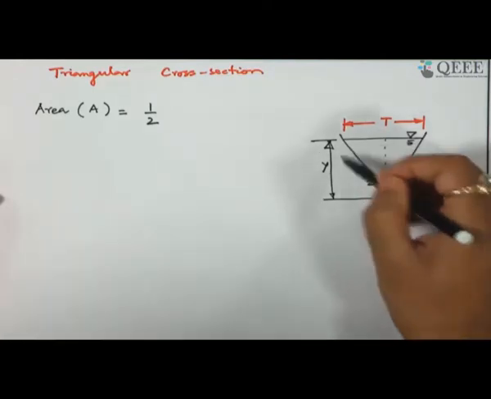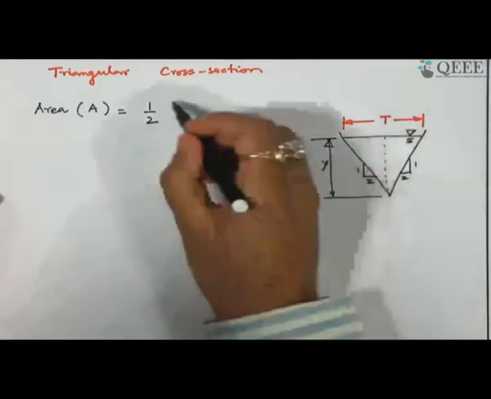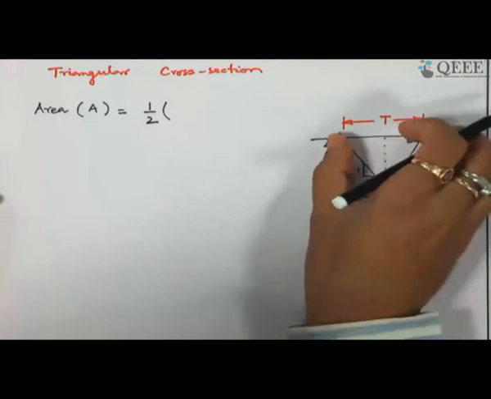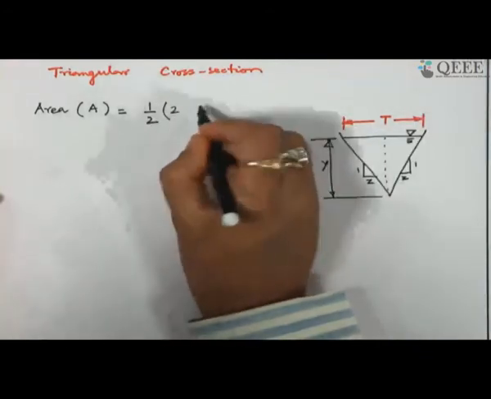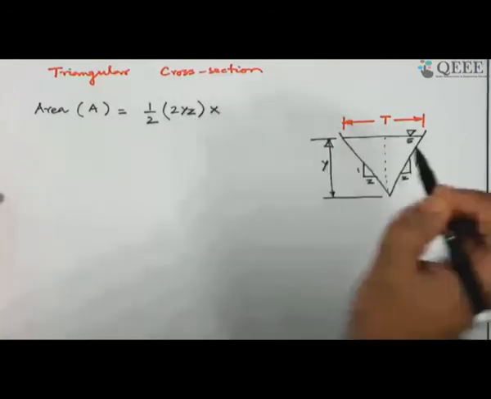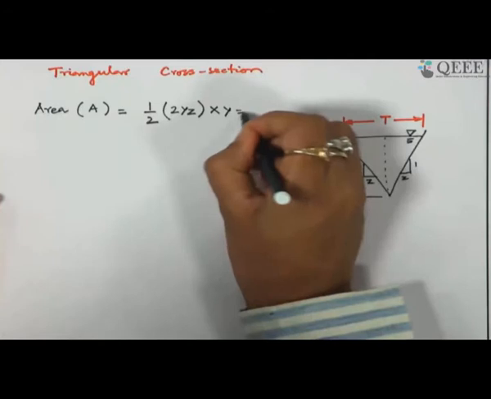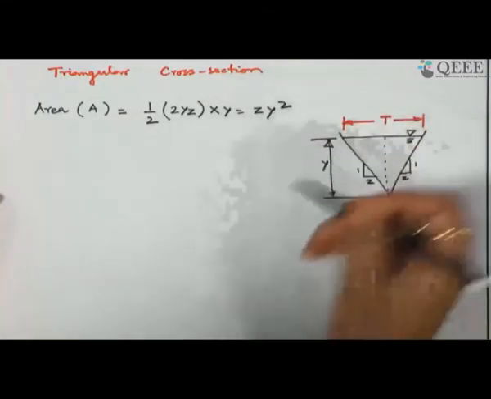So, this will be y z, this part. So, this total top width will be 2 y z, into y. So, this will be z into y square.